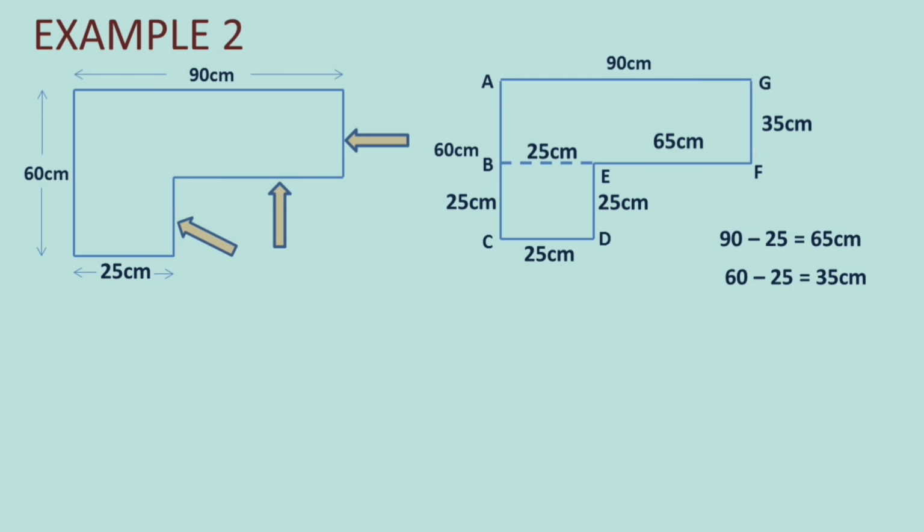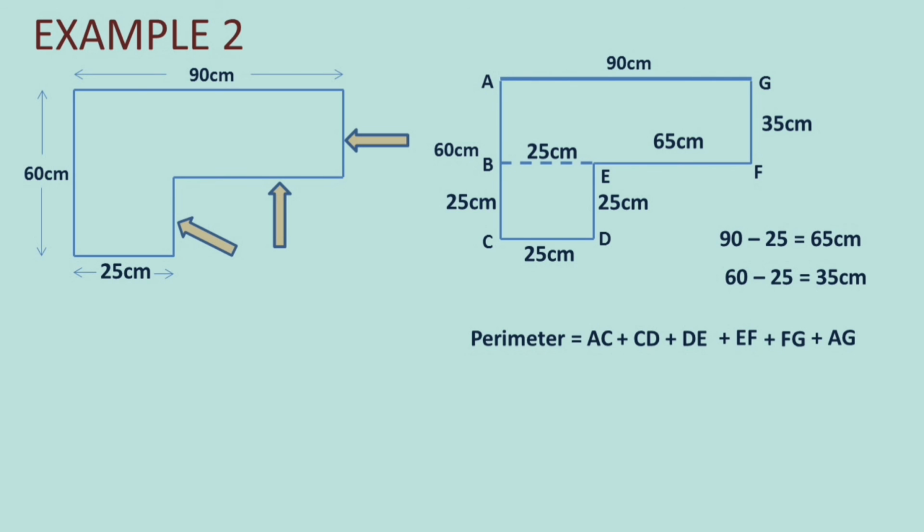Now that we know the length of all the sides, we can now find the perimeter. Remember that the perimeter is the sum of all the sides. Here, the perimeter is equal to AC plus CD plus DE plus EF plus FG plus AG.